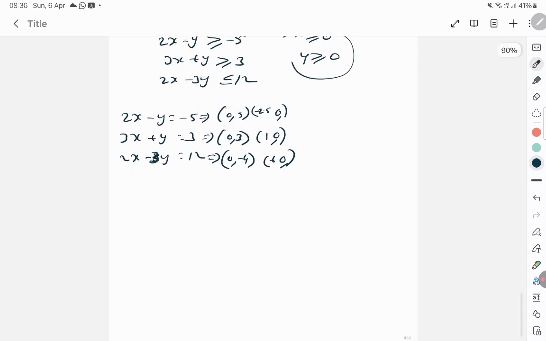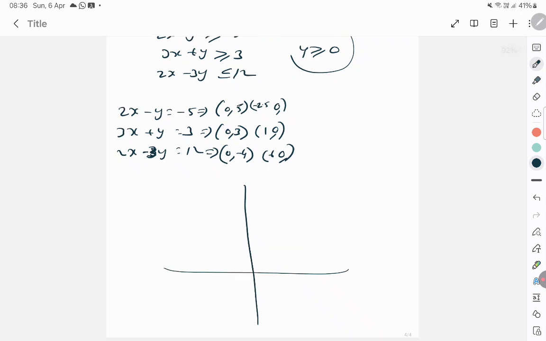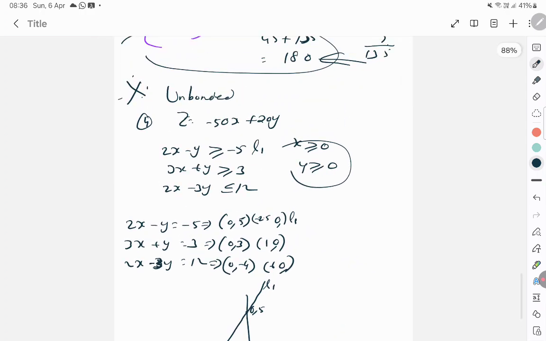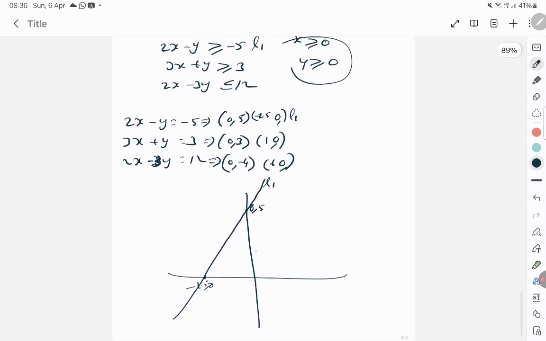So let's take this 0, 5. Okay, so then let's draw this. It's going to be a little complicated because you have negative numbers. Correct? Yes. Minus 2.5, 0 will come here. And 0, 5 will be here. So this is your line 1. Are you clear? Yes. Let's do line 2. 0, 3 and 1, 0.